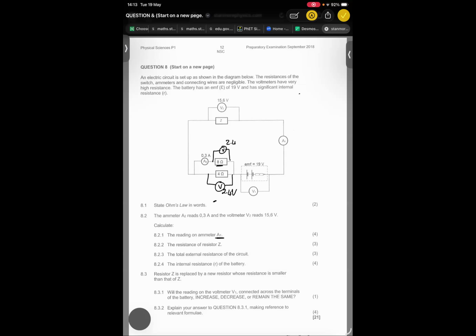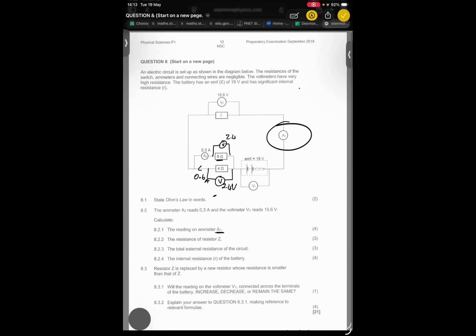So I got 0,6. Yes. Then calculate the ammeter reading on A1. 0,9.